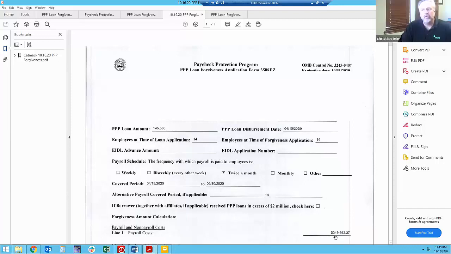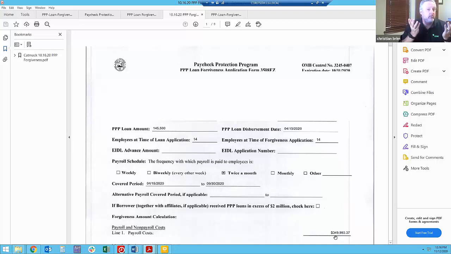I would say that this is something most businesses haven't been planning for in their taxes, because they probably haven't been including it as income yet. But in this case, that's $145,000 worth of income that shows up in November or December, and that's going to essentially be taxable. Correct.